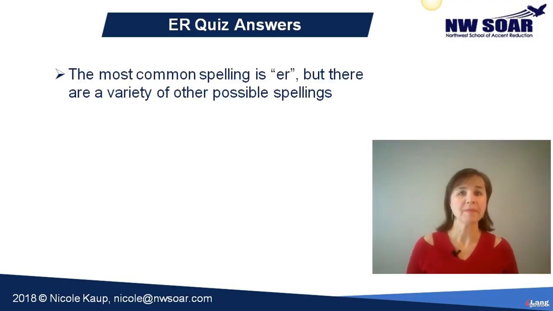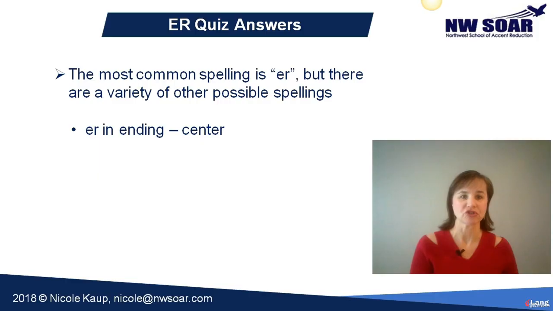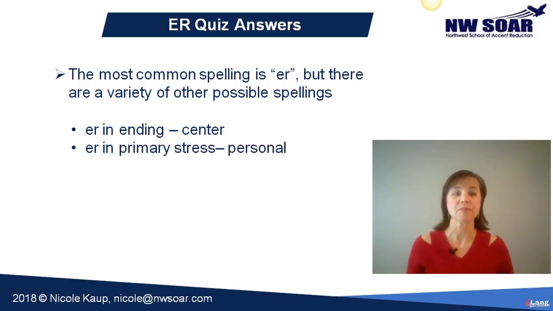The most common spelling for this sound is ER, but there are also a variety of other spellings that are possible. You can find the ER spelling in endings, as in center. You can also find the ER spelling in the primary stress syllable, as in personal.